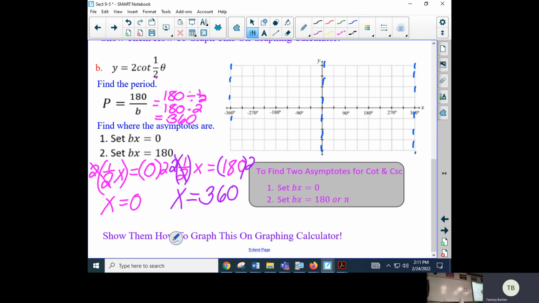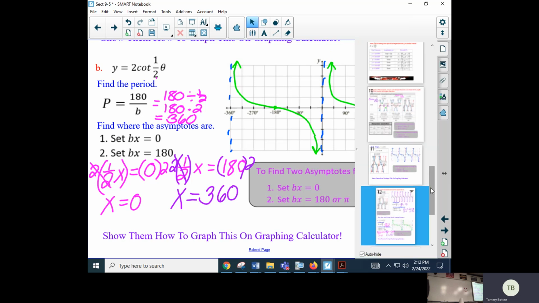So then I have one here, and would you guys know that cotangent would look like that? Yeah. And like that? Yeah. Everybody good? All right.